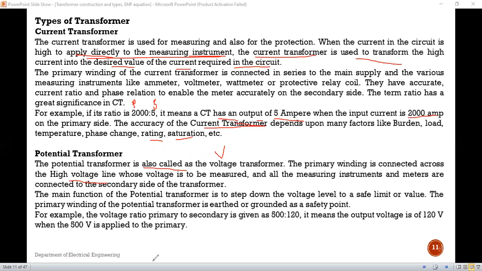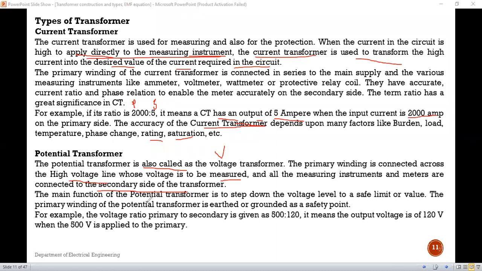This primary winding is connected across the high voltage line whose value is to be measured, and all the measuring instruments and meters are connected to the secondary side of the transformer.